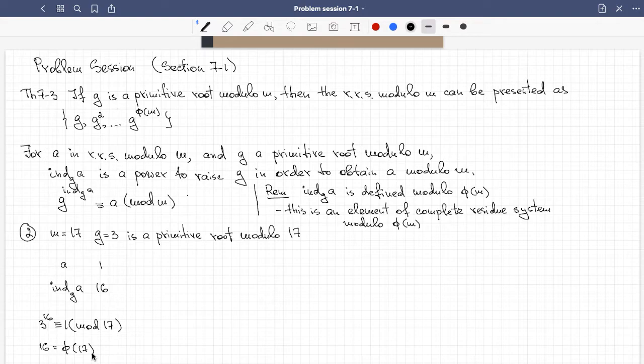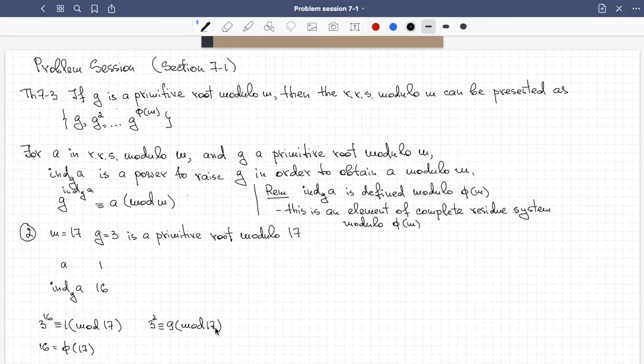Now, how to construct such a table? The first entry is clear, how to proceed. Well, in fact, it is easier to take just powers of 3, say 3 squared is 9, and this is 9 modulo 17.